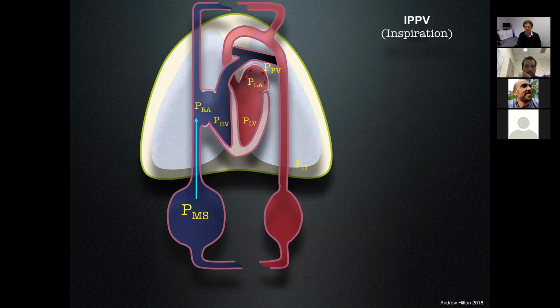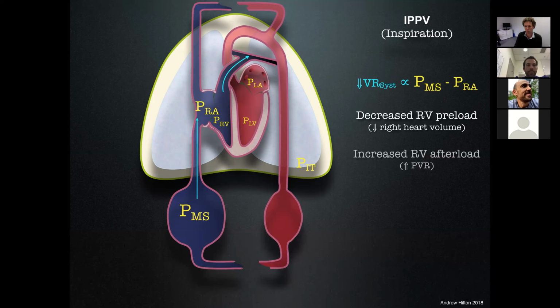Okay, now when we breathe in, or positive pressure comes in, increased pressure in your right atrium, diaphragm goes down, we're going to reduce our preload into our right ventricle. We're going to increase our RV afterload, as Ben was explaining to us before, because of increased pressure squashing the pulmonary capillaries. And that means that we are going to affect our preload to the left side of our heart.